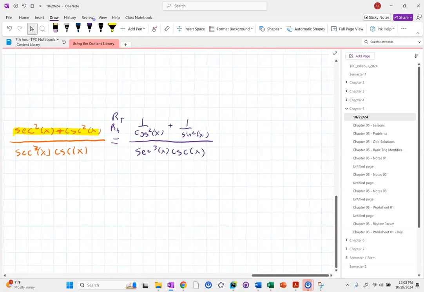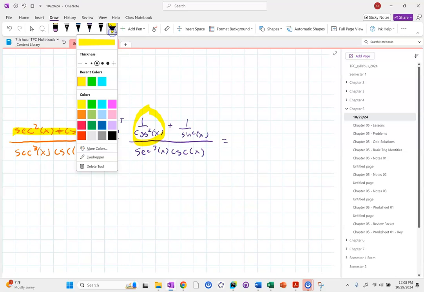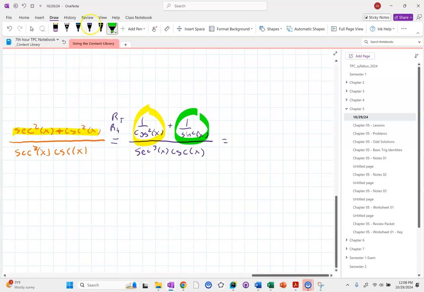And then we'd need to make a common denominator in the numerator. So I'd multiply this guy by sine squared over sine squared, and this guy by cosine squared over cosine squared.